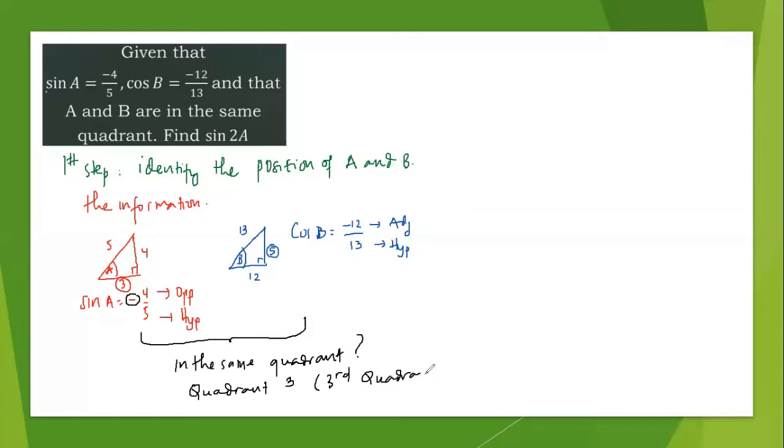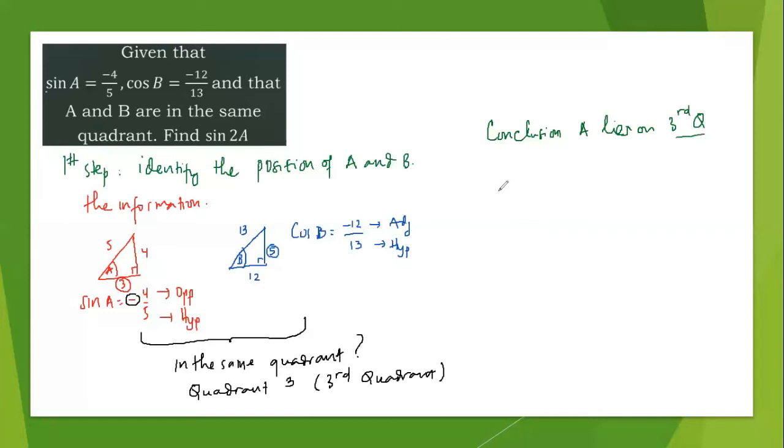So both angles lie on the third quadrant. Is it, everyone? Okay. The conclusion is this: A lies on the third quadrant.